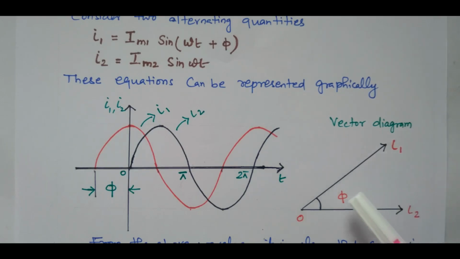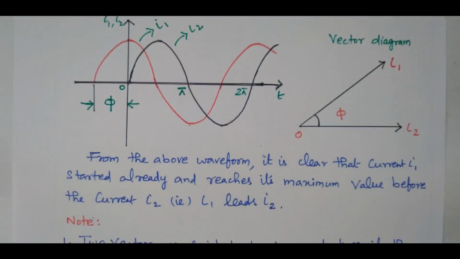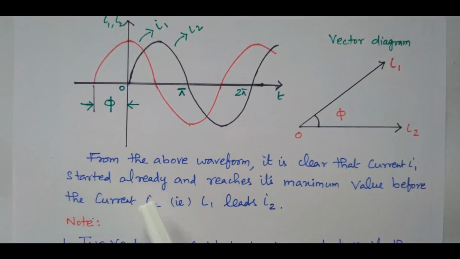I1 is leading the current I2 by pi. From the above waveform, it is clear that I1 starts already and reaches the maximum value before I2. So I1 starts earlier, that is, I1 leads I2, given by the angle plus pi.